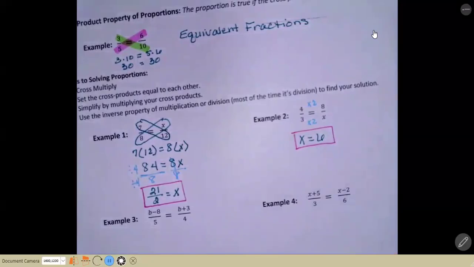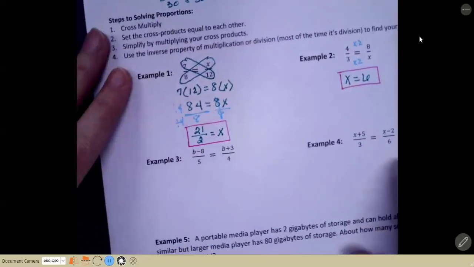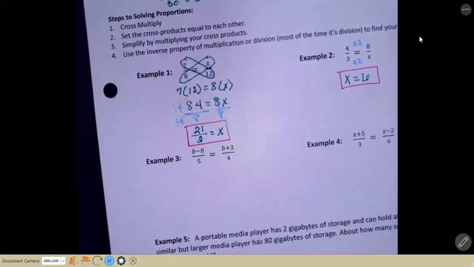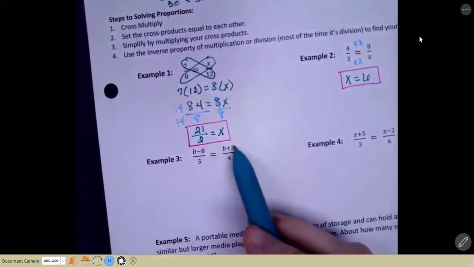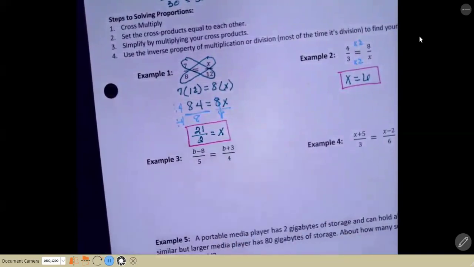All right, we're going to move down to example 3. On 3, this is similar to some of the problems you had to do on lesson 1-3 where you had to multiply by a binomial, which is an expression with two terms.